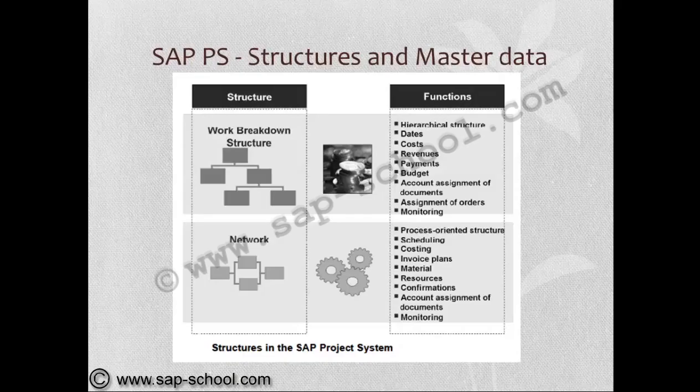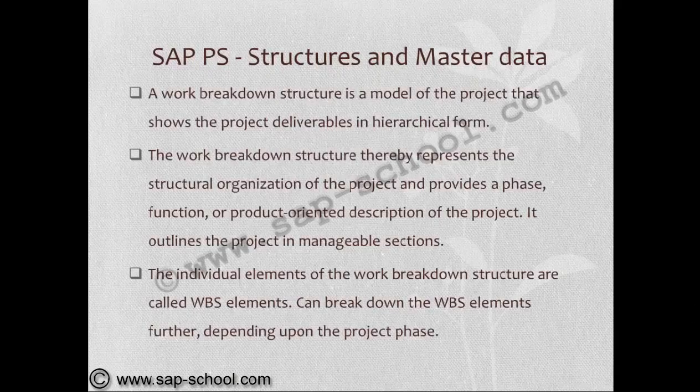Now we can see in detail information of work breakdown structure. A work breakdown structure is a model of the project that shows the project deliverables in hierarchical form. The work breakdown structure thereby represents the structural organization of the project and provides a phase, function, or product-oriented description of the project.